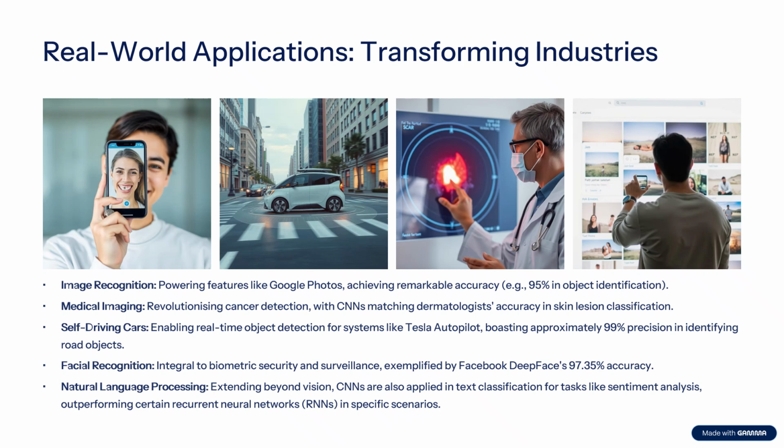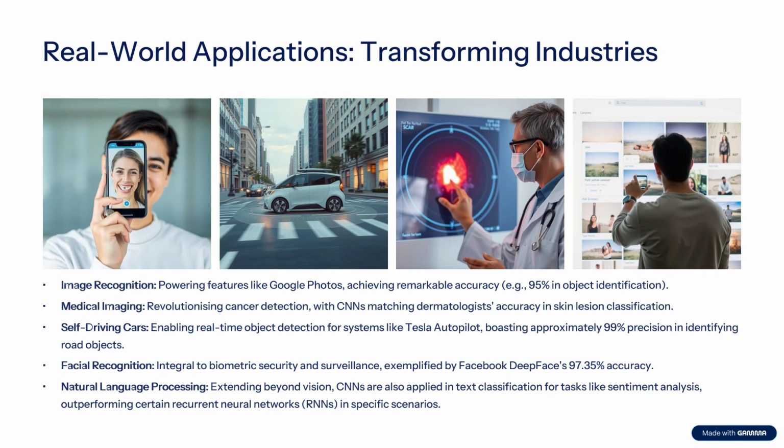Medical imaging, revolutionizing cancer detection with convolutional neural networks matching dermatologist accuracy in skin lesion classification. The main and important one, self-driving cars, enabling real-time object detection for systems like Tesla Autopilot, boasting approximately 99% precision in identifying road objects.